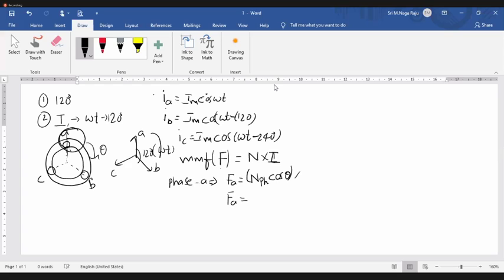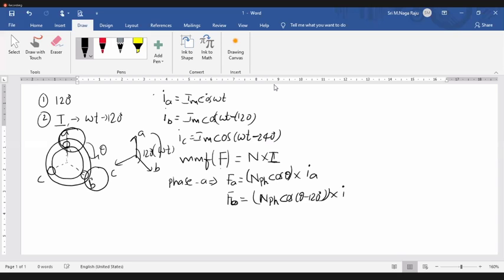MMF produced by the phase B is N phase cos theta minus 120. Phase B has 120 degrees phase angle with respect to phase A. So N phase cos theta minus 120 into IB.